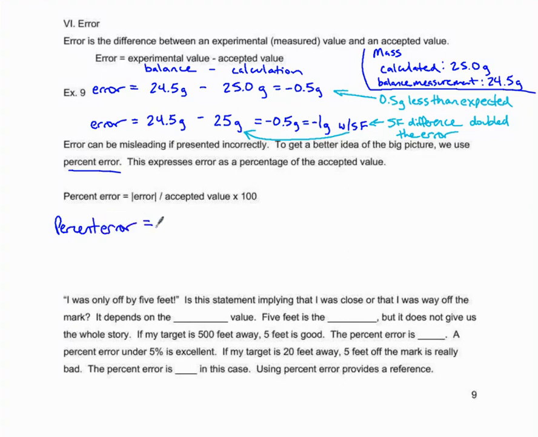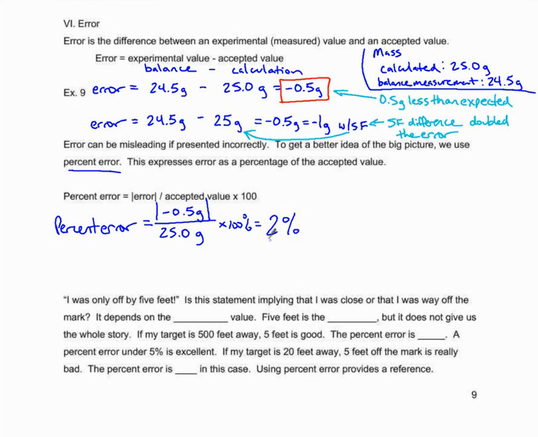So our error, and I'm talking about this one with the appropriate amount of accuracy, absolute value of negative 0.5 grams divided by the accepted value, which was our calculation of 25.0 grams, times 100 makes it a percent, and we find out that the percent error is 2%.